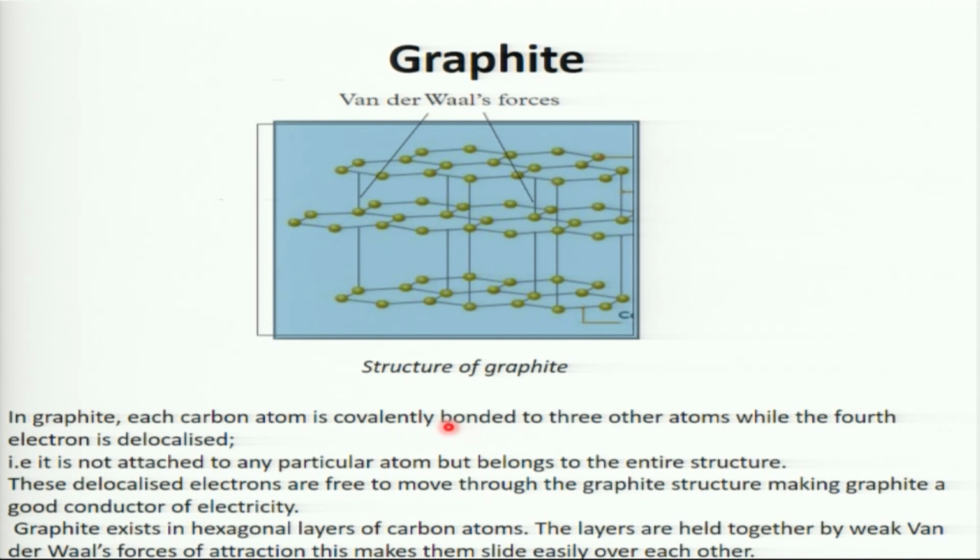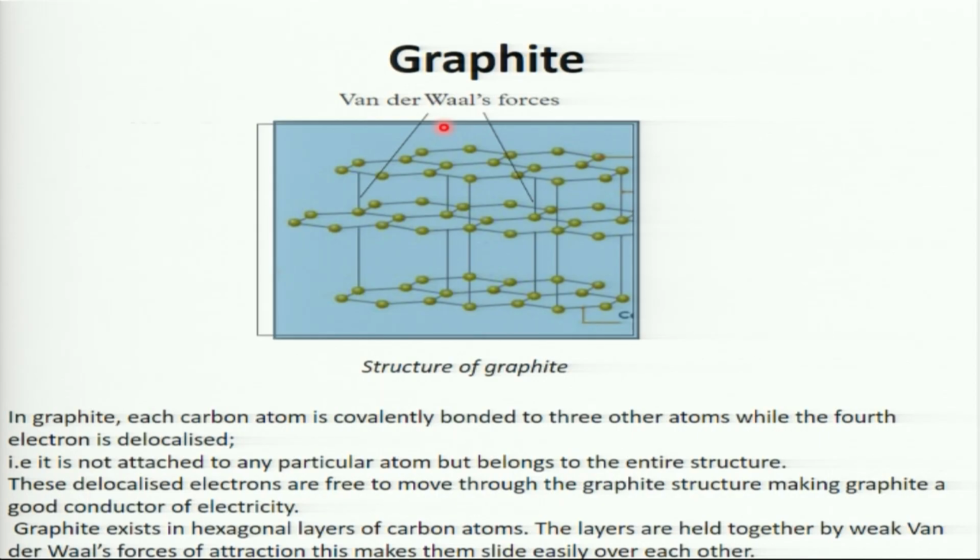So graphite, that is the structure of graphite as you can see on the slide. The carbon atoms are joined by a weak force, the van der Waals forces. All right? In graphite, the carbon atoms are also bonded by covalent bonds. But in this case, the carbon atom is bonded to 3 other carbon atoms by strong covalent bonds, but another space remains.